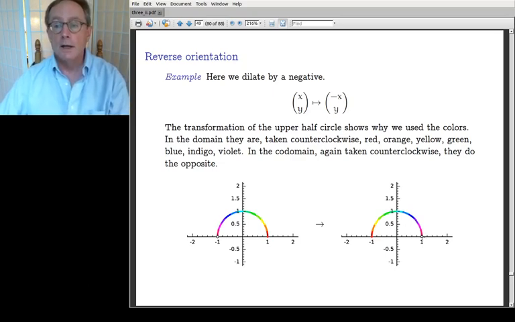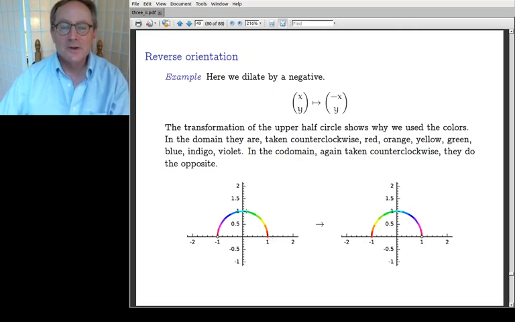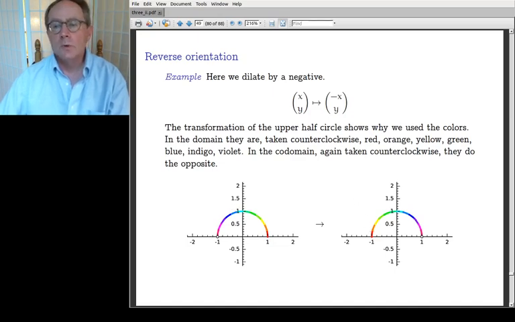It's a little trickier to see here. Do you see that this goes red, orange, yellow, green, blue, indigo, violet? So this is Roy G. Biv. It starts with red on the right-hand side and, moving counterclockwise, moves through blue and violet. When you multiply by -1, now red is on the left-hand side and it moves like so.